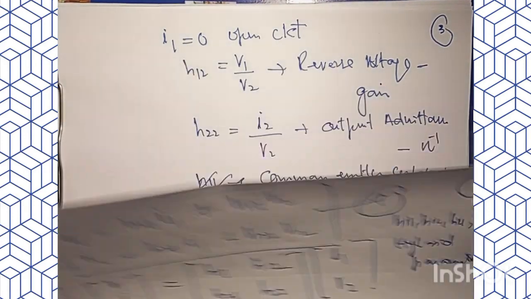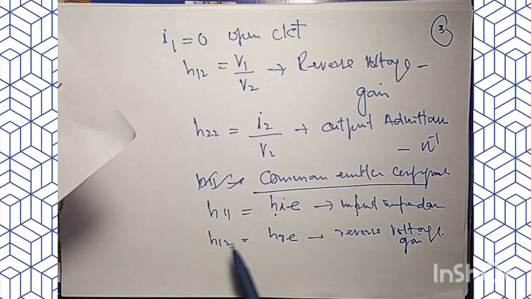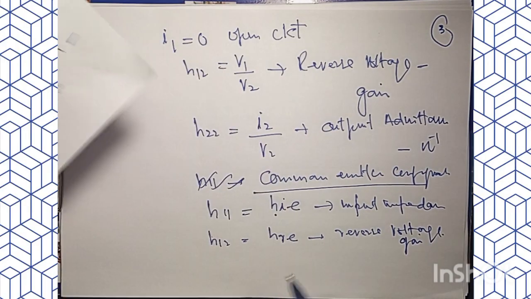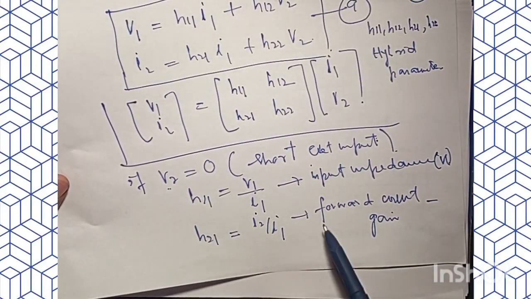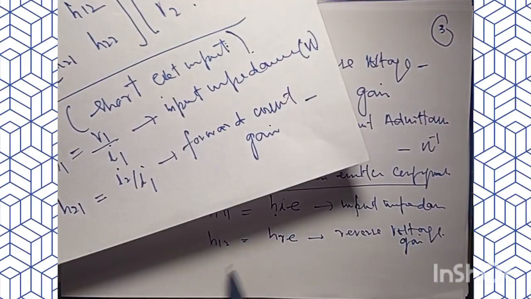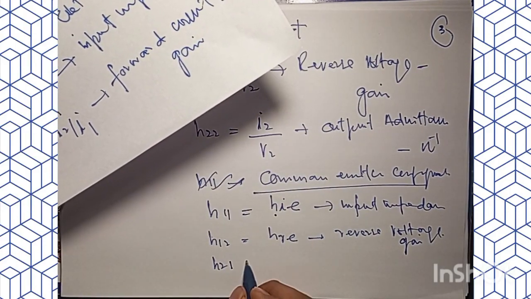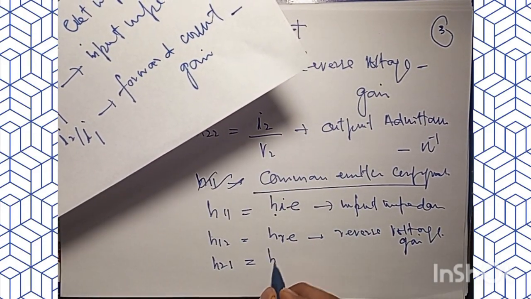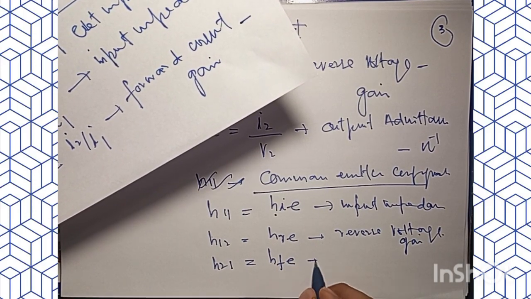Then we have gone with 1 1 and 1 2. Now 2 1. What is 2 1? You can see here it is F, forward current gain. So this is H21, HFE, forward common emitter.